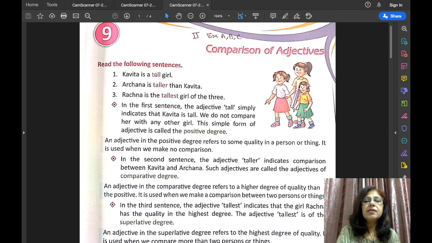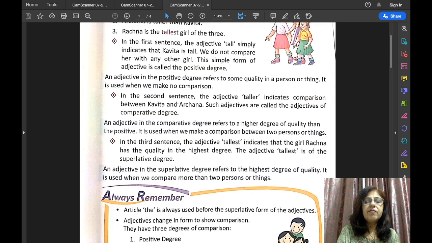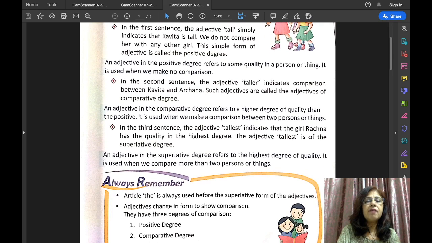In the first sentence we have used positive degree, in the second sentence the comparative degree, and in the third sentence the superlative degree. An adjective in the superlative degree refers to the highest degree of quality. It is used when we compare more than two persons or things.